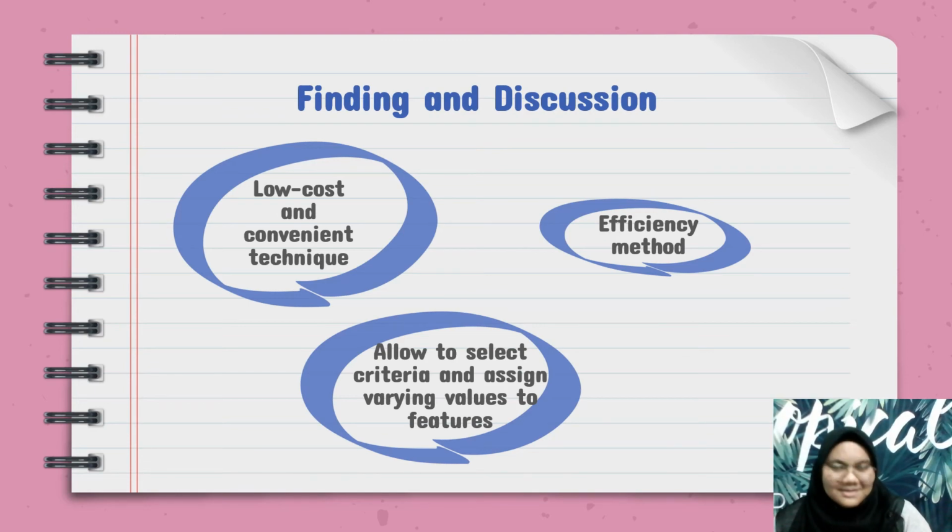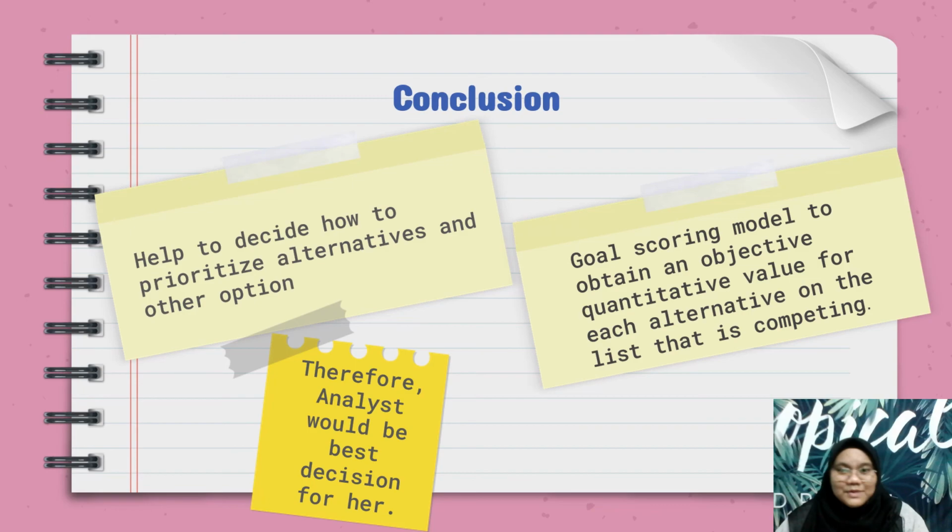Last but not least, the scoring model is an efficient method. Reasonable decisions can be made faster and totally automated by standardizing decision making through the use of a scoring model. Scoring models help to decide how to prioritize alternatives and other options in our problem.